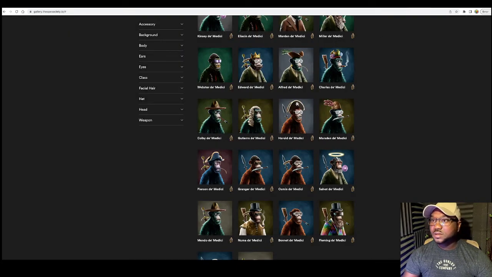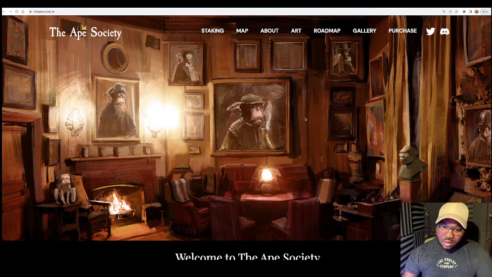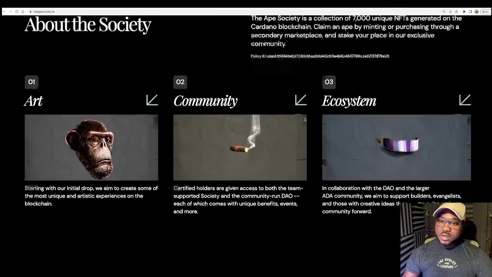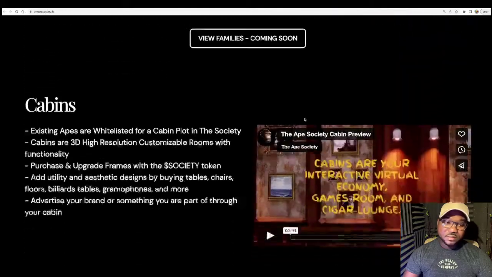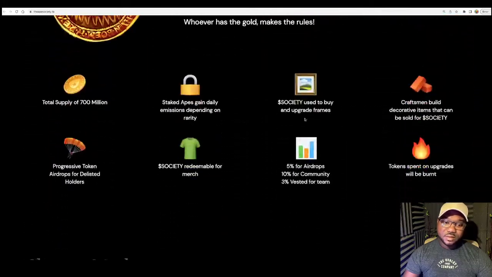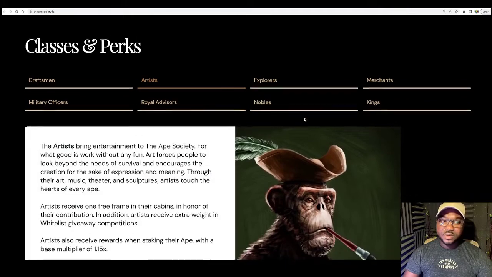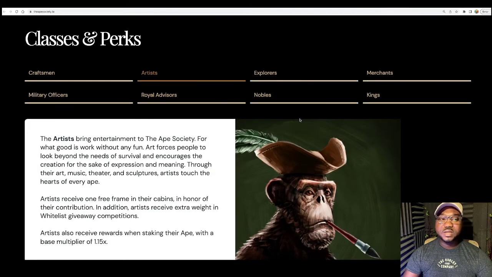Now, if you go on the home page and you just scroll down a bit, you're going to see where you see the different classes and the different perks associated with those different classes, right?